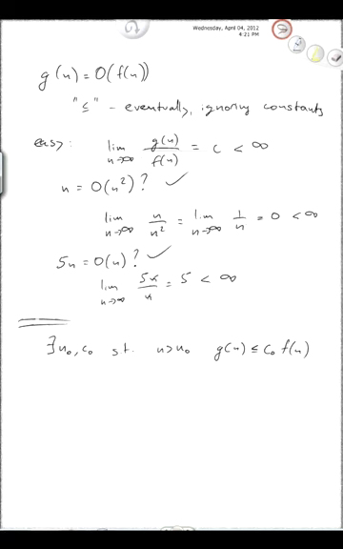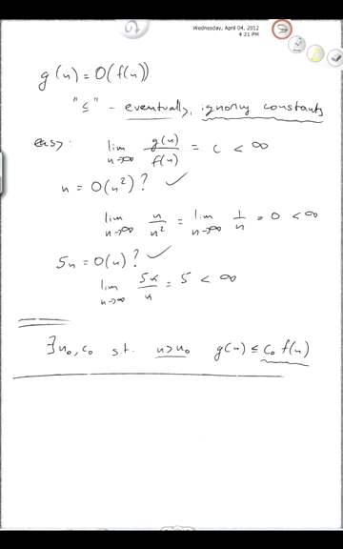And so our intuitive understanding in terms of eventually comes from the fact that we're only looking at n's that are bigger than n naught. And our intuitive understanding in terms of ignoring constants comes from the fact that we're allowed to multiply the function f by any constant that we want up here, and the statement would still be true. So that's the basic idea in terms of what big O means.